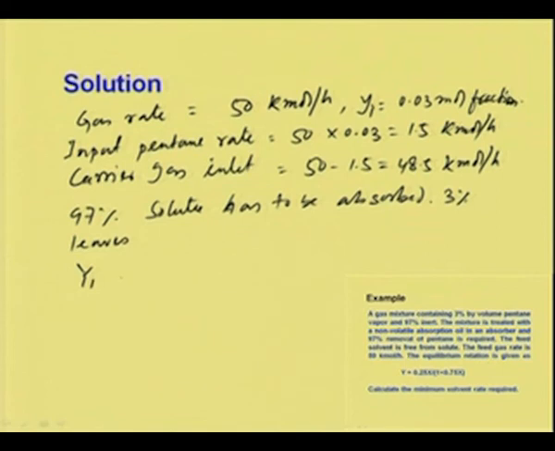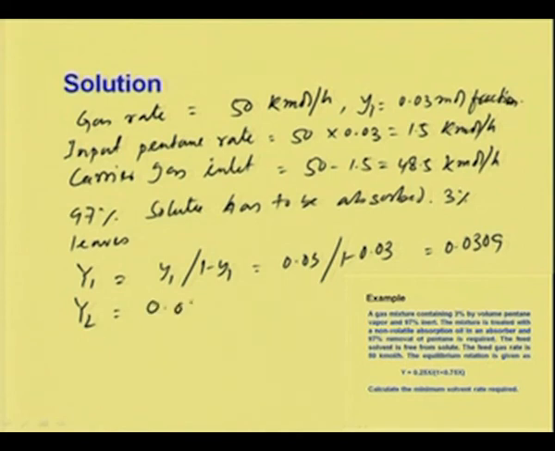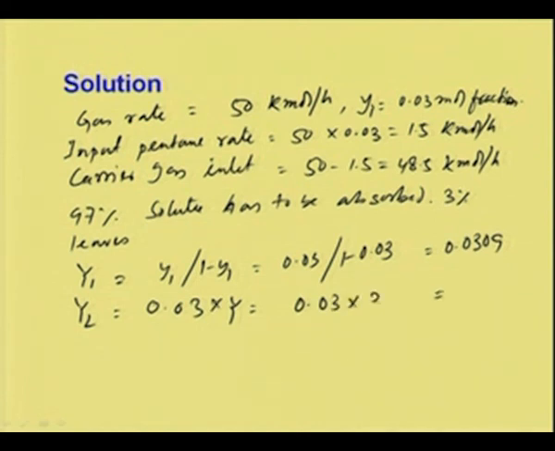So, capital Y1 is y1 by 1 minus y1, which is 0.03 divided by 1 minus 0.03, which is 0.0309, and Y2 is 0.03 into Y1, which is 0.03 into 0.0309, equal to 0.00093, and also X2 is 0, free from solute.